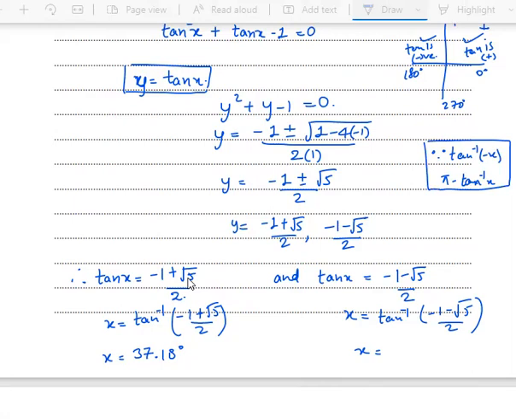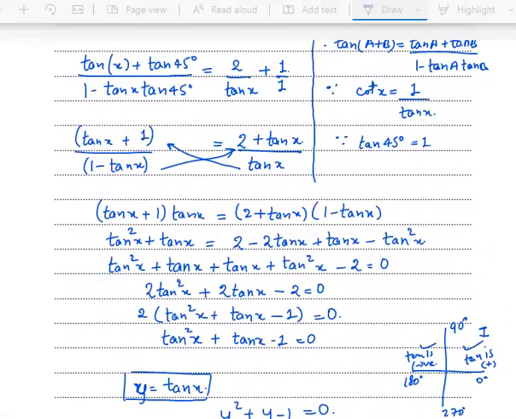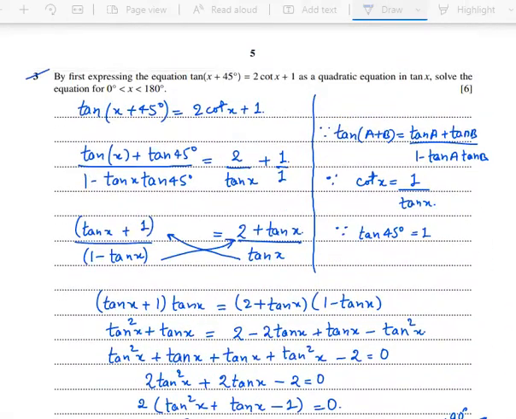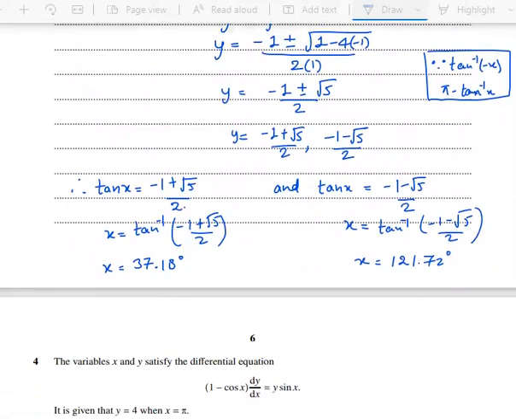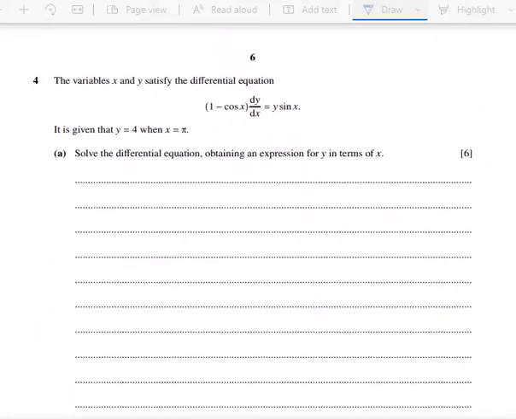So whatever answer you're getting for this, you have to subtract it from 180. Therefore, you'll get 121.72 degrees. All right. So in your calculator, you plug in tan inverse of 1 plus root 5 by 2, and then whatever answer you're getting, subtract it from 180, because it is given to us that x is from 0 to 180. All right. Moving on to next question.